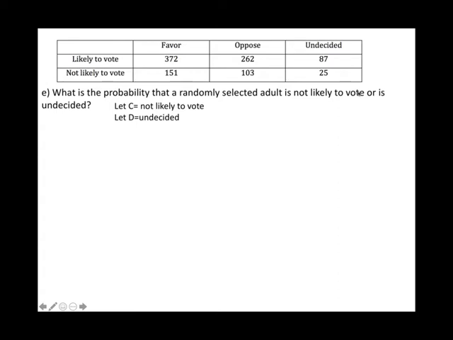Is it a mutually exclusive event or not mutually exclusive? If you're not sure, circle it. Not likely to vote and undecided, right? Undecided, so it's going to be here. So you can see that's an intersection here. You know this is not mutually exclusive. So we're going to apply the formula. Can you guys try to do it by yourself?